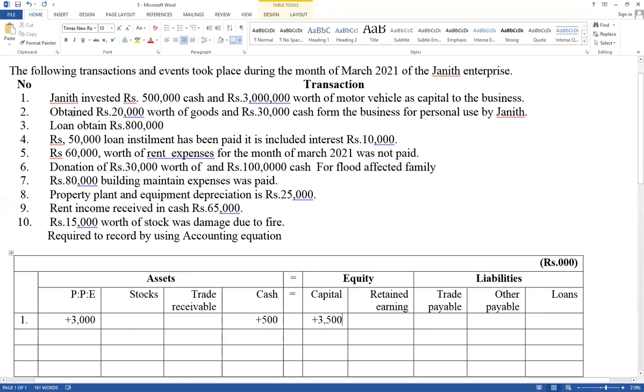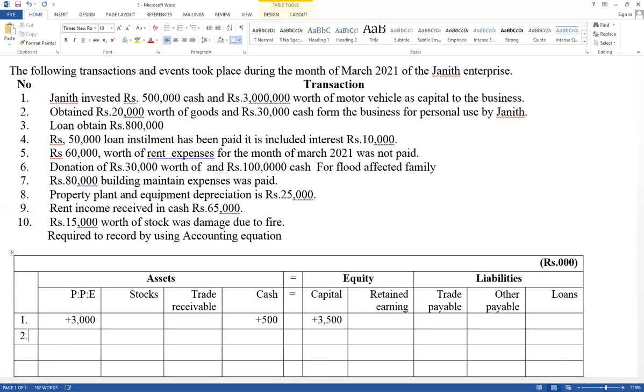And the second transaction is drawings. The owner obtained 20,000 worth of goods and 30,000 cash from the business for personal use. That is drawings. It has given stock drawings as well as cash drawings. Think about stock drawings: the effect is stock decrease.